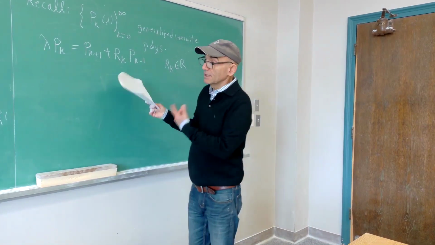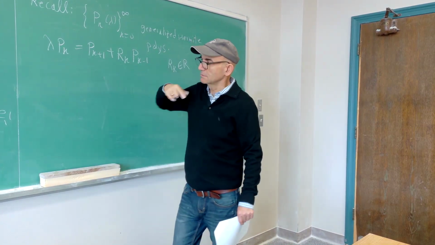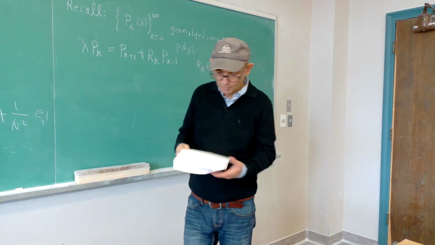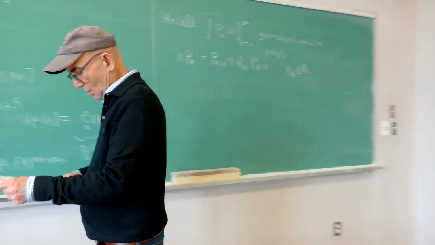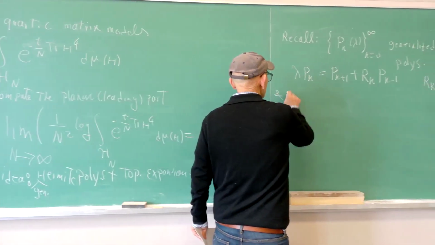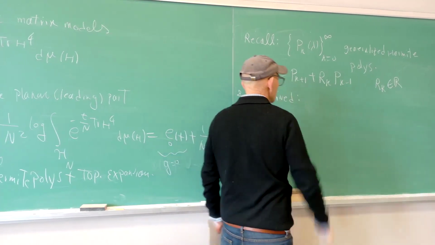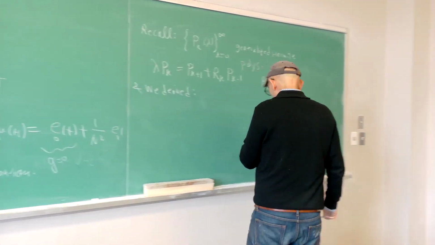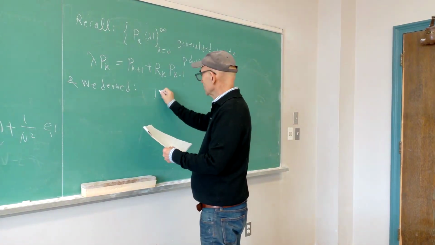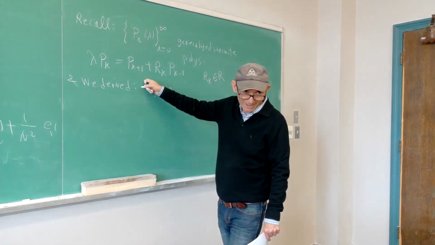This is a very difficult problem to compute, because this is not like Hermite polynomials. This is a quartic potential. It's much more complicated. Okay, and then, from a couple of lectures ago, we derived some recursion for these numbers r_k.